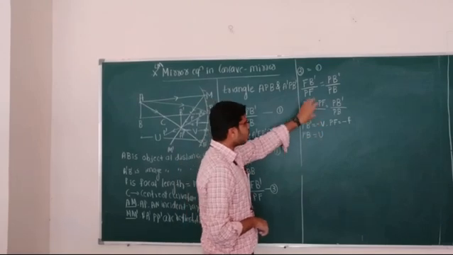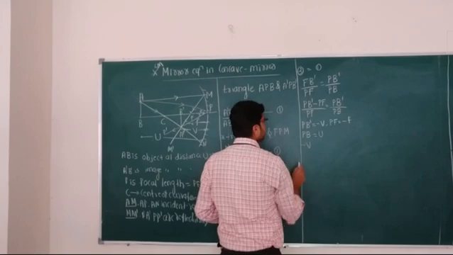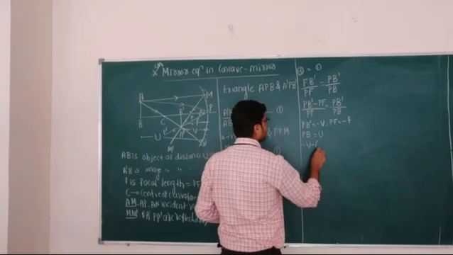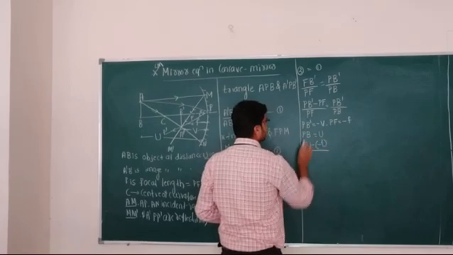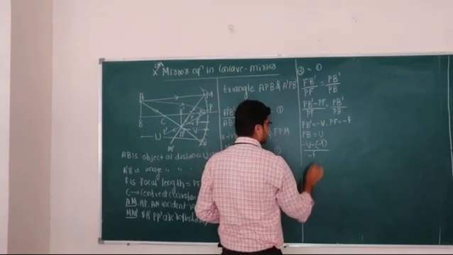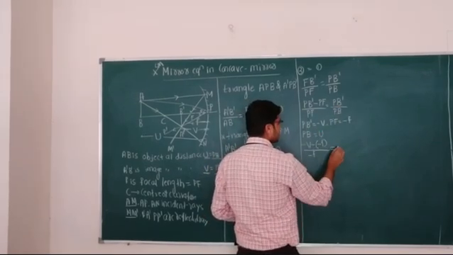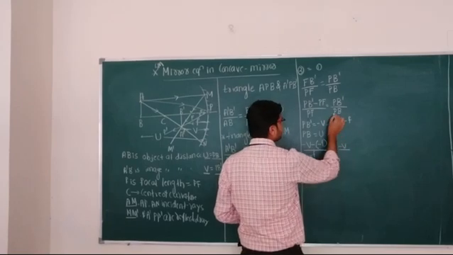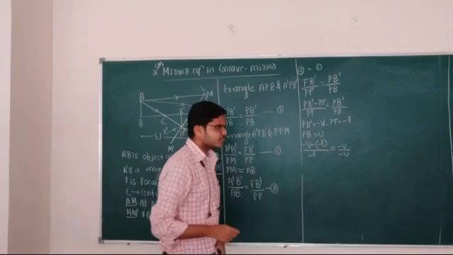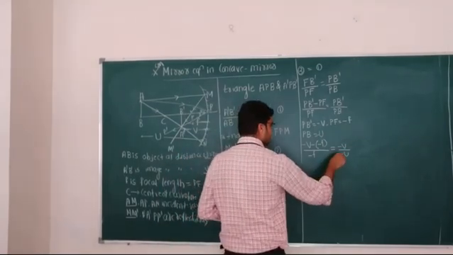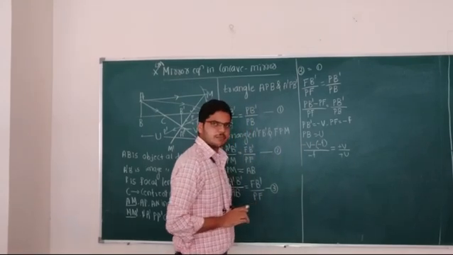Now, you substitute all the values in this equation. Then it becomes minus v minus of minus f, divided by minus f, that is equal to minus v divided by PB. PB is minus u because it is also left side. Therefore, minus minus gets cancelled, becomes plus. Minus into minus again becomes plus.